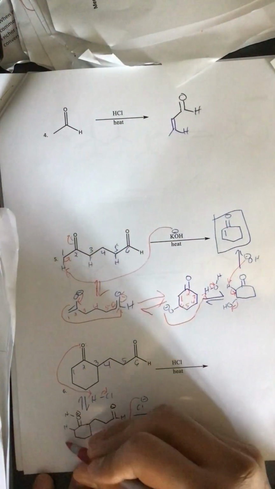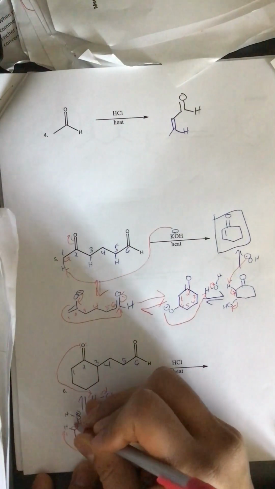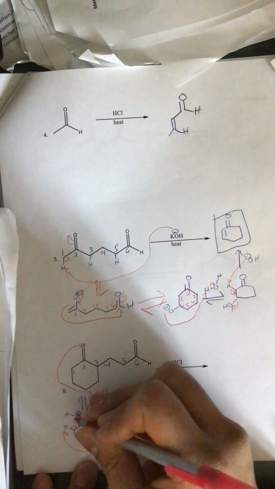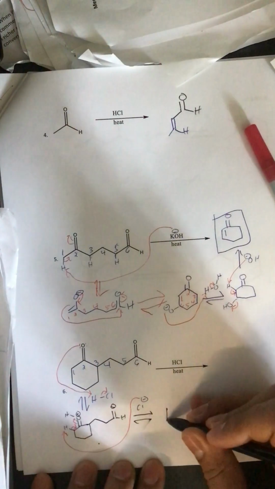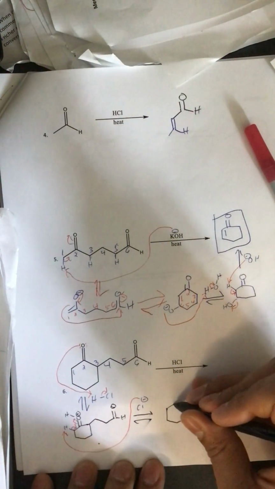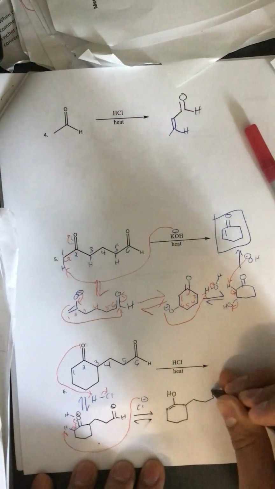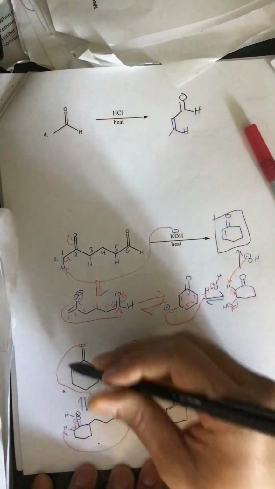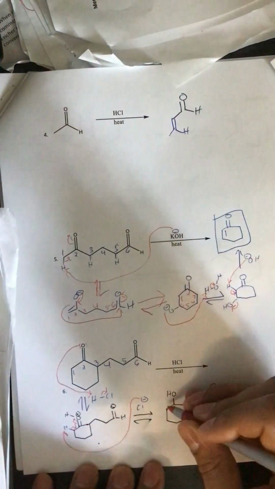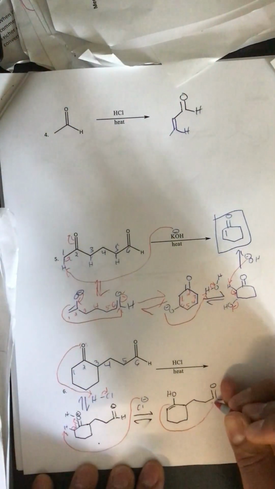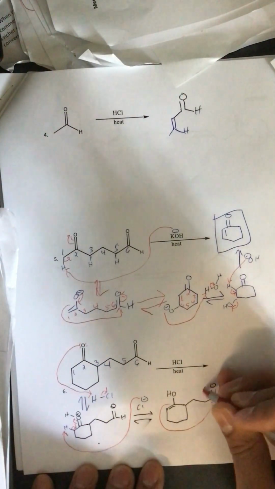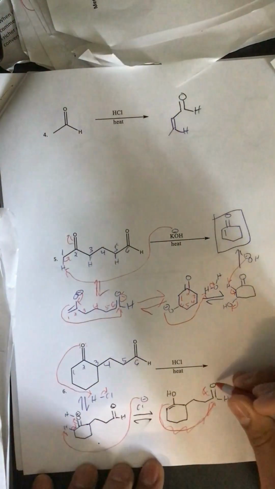We'll finish making our enol. Again, I'm choosing to make this enol specifically because I can make a 6-membered ring. Oops, I'm sorry, this is not the next step. I need to protonate this carbonyl first.